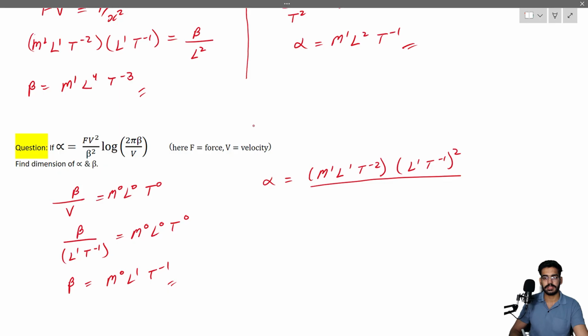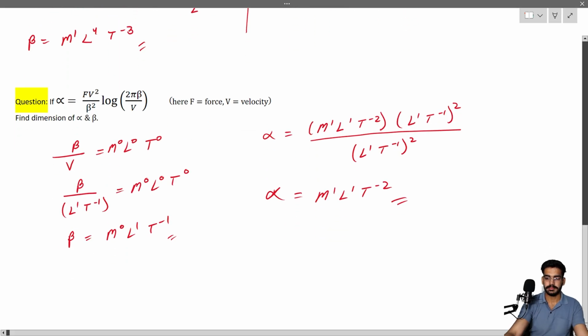Beta square means this square, that is l1 t minus 1 square, right? So this whole quantity gets cancelled out, and you get alpha the same as f only, m1 l1 t to the power minus 2. Okay, I hope this is clear.